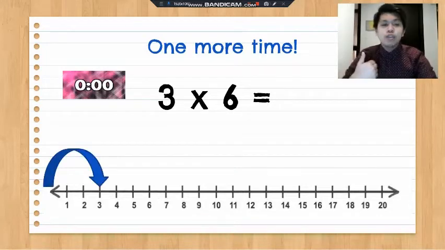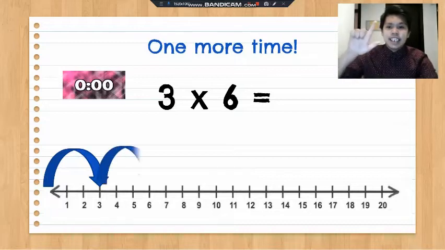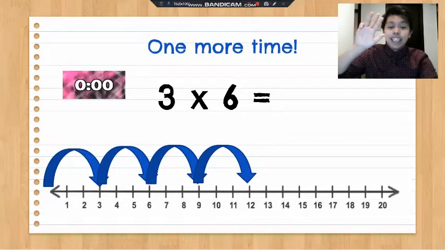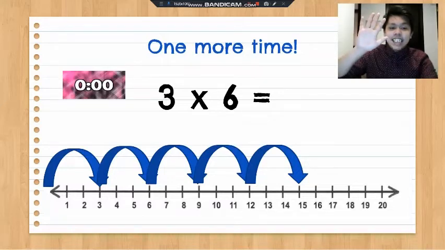So we have 1, 2, 3. That's the first one. 4, 5, 6. That's the second one. 7, 8, 9. That's the third one. 10, 11, 12. That's the fourth one. 13, 14, 15. That's the fifth one. And for the last one, 16, 17, 18.